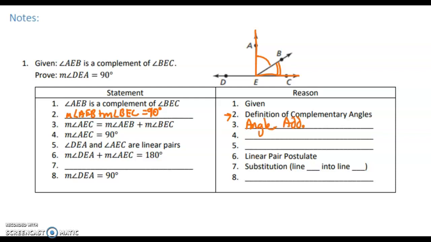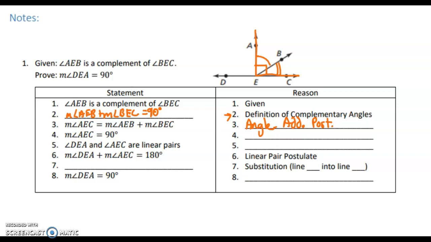When you add up two angles that are adjacent and they equal the whole angle, that's angle addition postulate. Okay, so now if we have angle AEC equals 90, well, they never said measure of angle AEC is a right angle. They didn't state that, so we can't use definition of a right angle. There's no box drawn on the picture for us to be able to assume that.